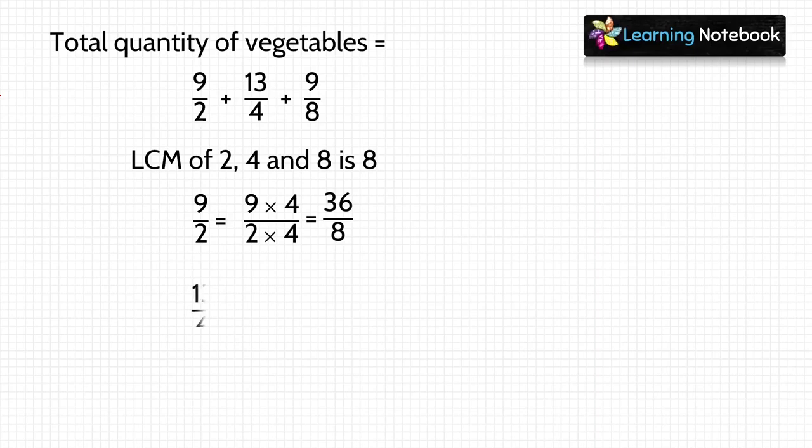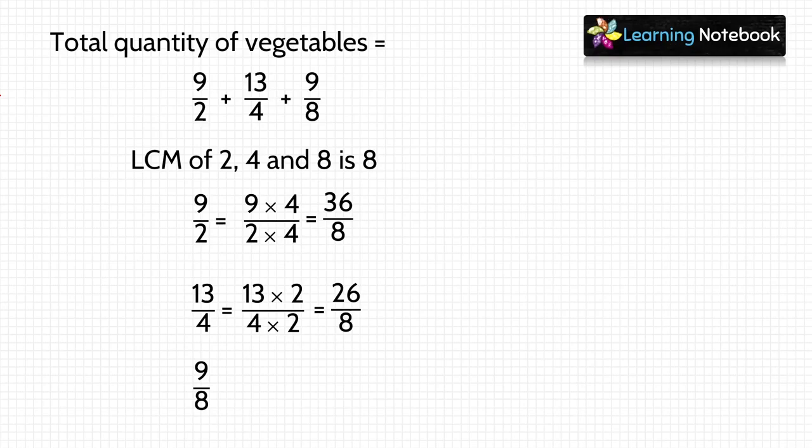Now the second fraction is 13/4. Here, to make its denominator 8, we will multiply both numerator and denominator by 2. We get 26/8. And the third fraction 9/8 has denominator 8 already.